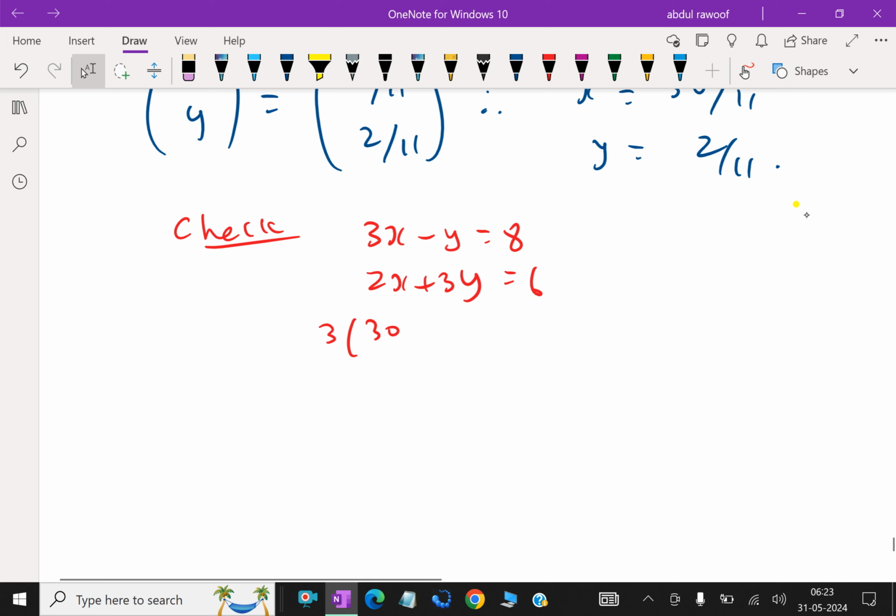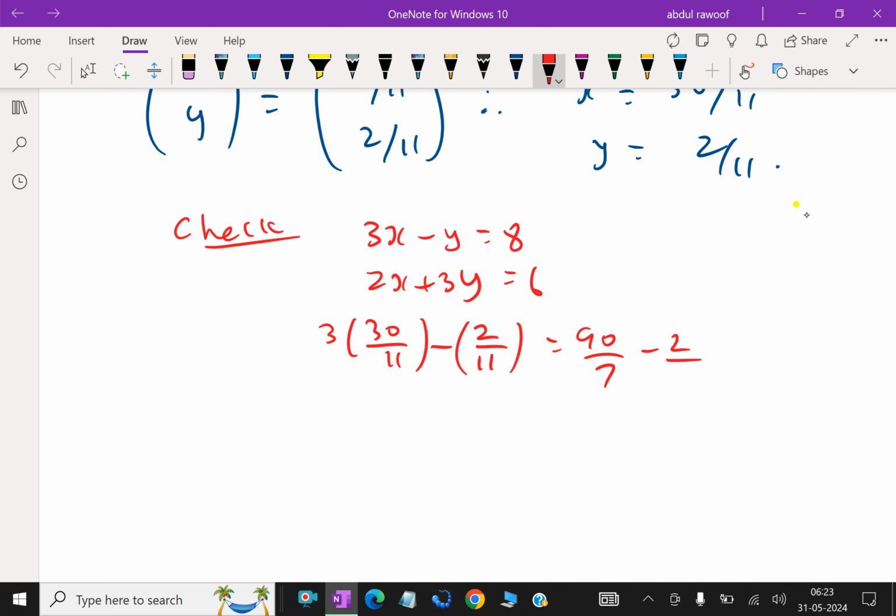3 into 30 over 11 minus 2 over 11 equal to 90 over 11 minus 2 over 11, which is 88 over 11, which is 8.